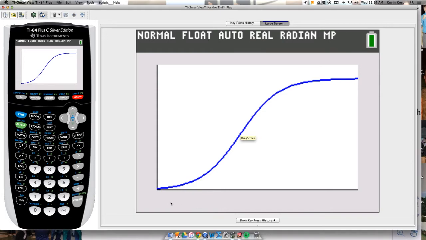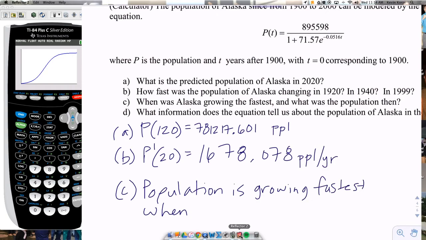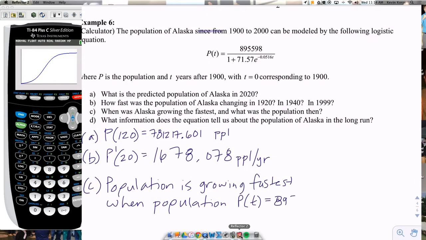So part C, we can go ahead and say that the population is growing the fastest when the population, or you could say P of T if you want, equals 8,95598 divided by 2 people.